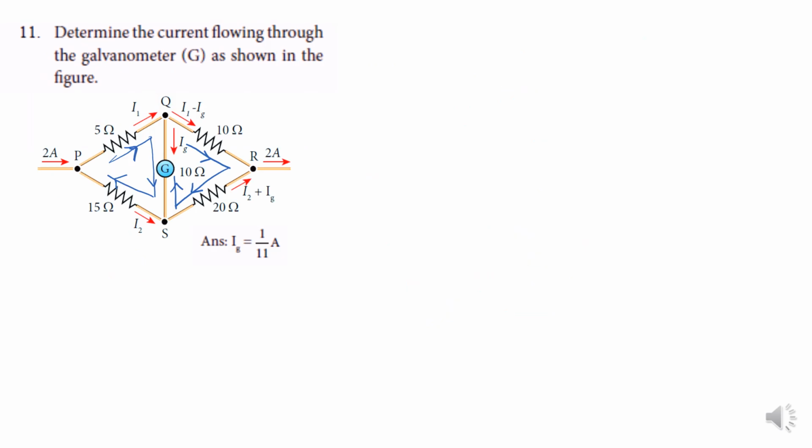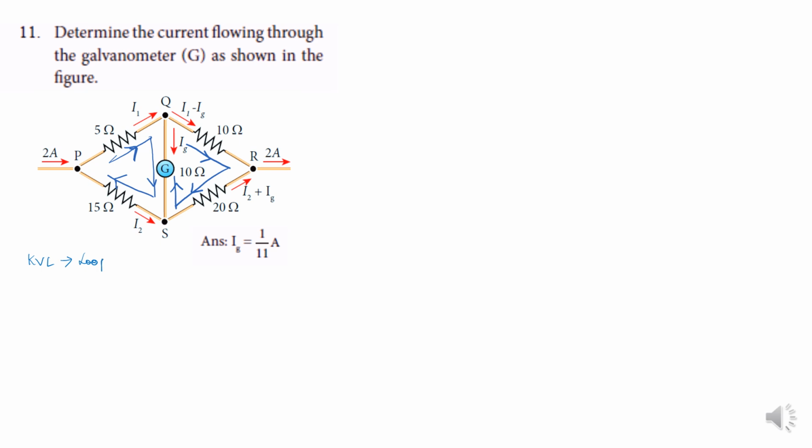Question number 11, determine the current flowing through the galvanometer G as shown in the figure. So this is a circuit. We are going to use Kirchhoff's current and voltage law. I'll use Kirchhoff's voltage law for the two loops, loop 1 and loop 2.